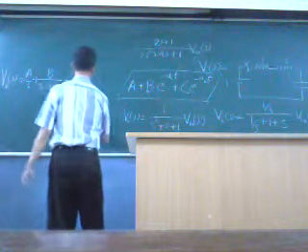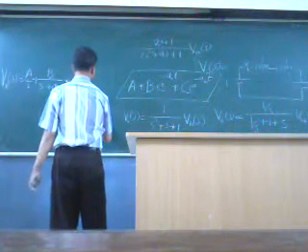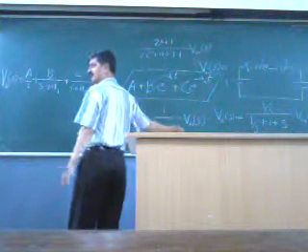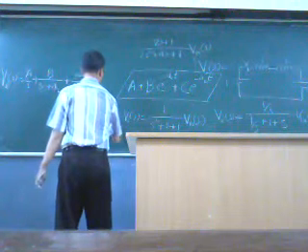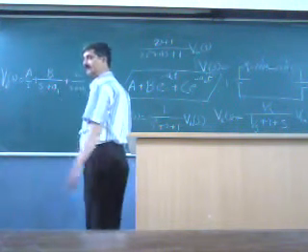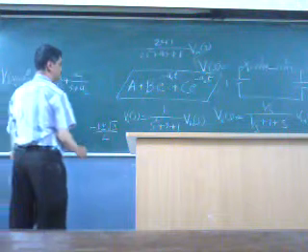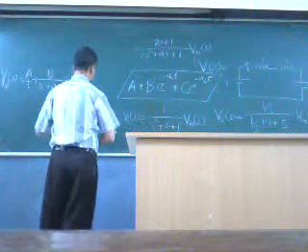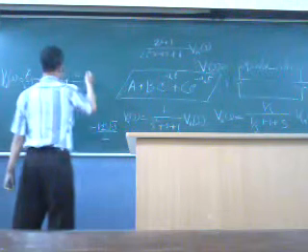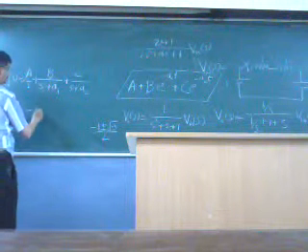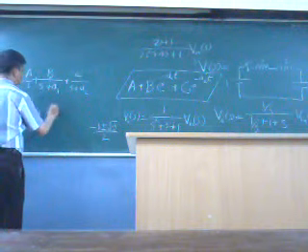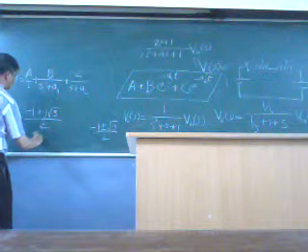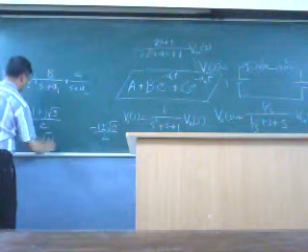Minus B plus minus root of B square, that is 1, minus 4AC, that is 3, plus minus root 3 upon 2. That is minus 1 plus J root 3 upon 2 and minus 1 minus J root 3 upon 2.